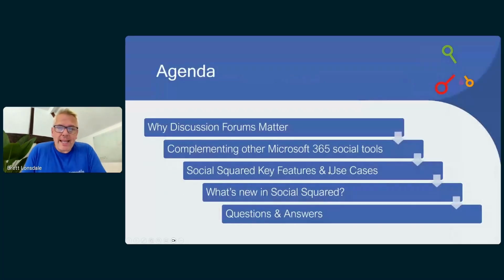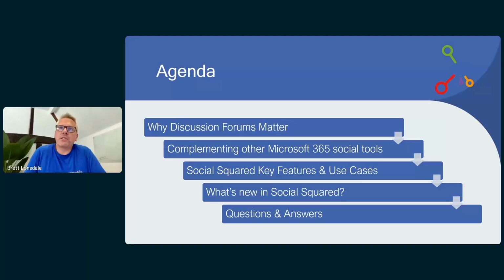So what we're covering today, we're going to start off with a general discussion about why discussion forums matter. You may be using discussion forums every single day out there on the internet, but maybe not so much inside of SharePoint. We'll have a look at why they matter, how useful they are to us, perhaps in our personal lives, and then how we could apply that to business as well.